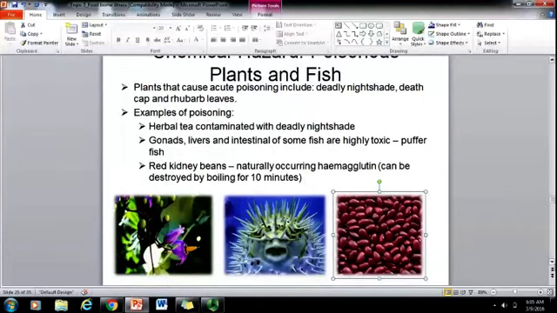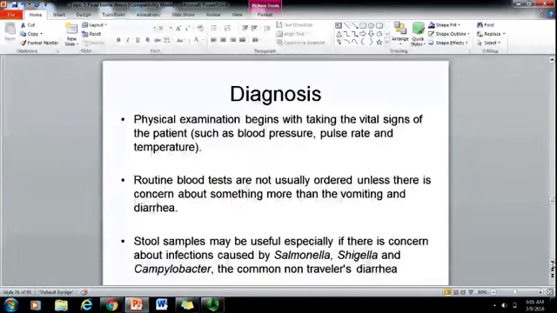The problem with raw kidney beans is that they contain hemagglutinin, which can poison your blood. But this hemagglutinin can be destroyed by boiling for 10 minutes.